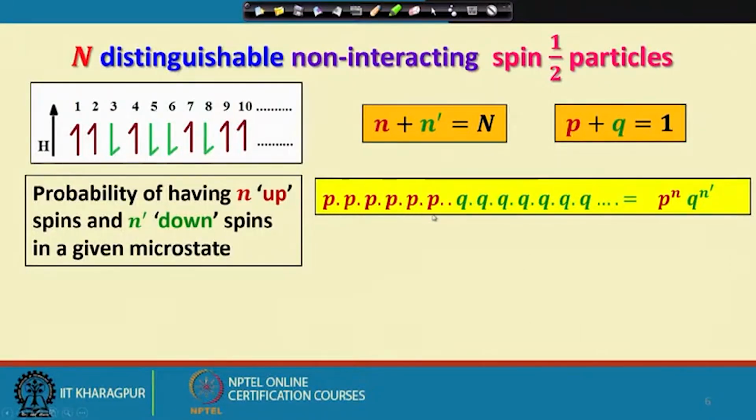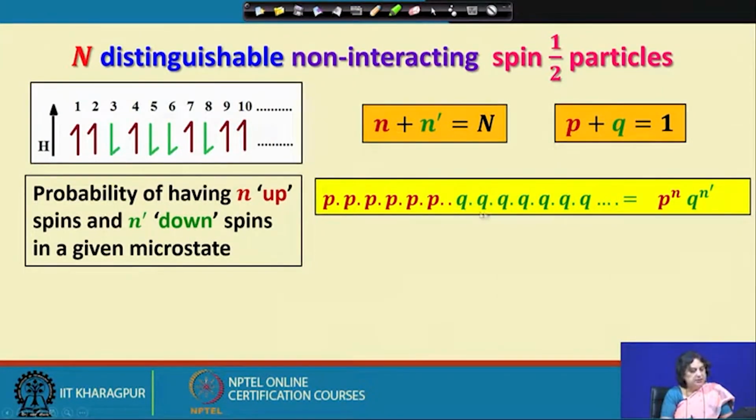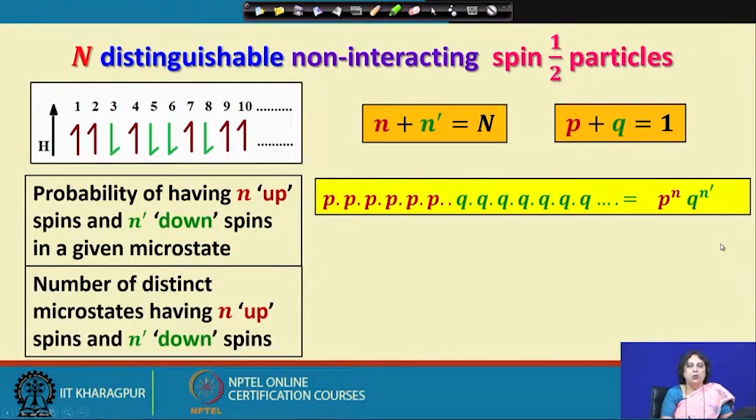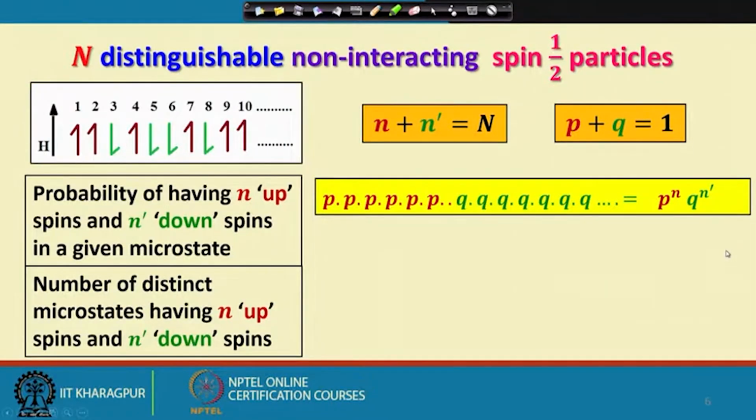Therefore, the probability associated with having small n up spins and small n prime down spins will be given by small n such terms having probability p multiplied by small n prime such terms each having probability q, and therefore, this probability will turn out to be small p to the power of n into small q to the power of n prime. Now, once we know this, we have the probability of having n up spins and n prime down spins for a given microscopic state.